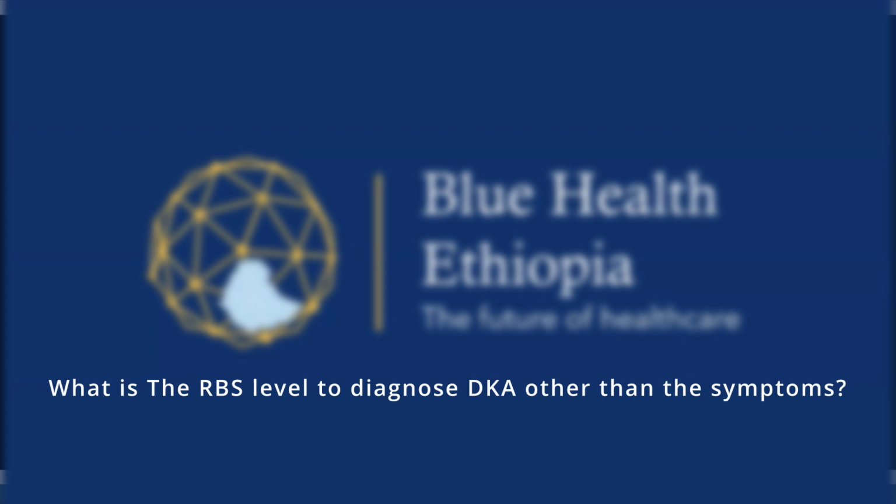So ketosis and acidosis also should be there. And sometimes there is euglycemic diabetic ketoacidosis. Sometimes if the patient took much fluid at home or in nearby health centers, he may have a normal glucose level, less than 200. In that case, it can be euglycemic diabetic ketoacidosis.